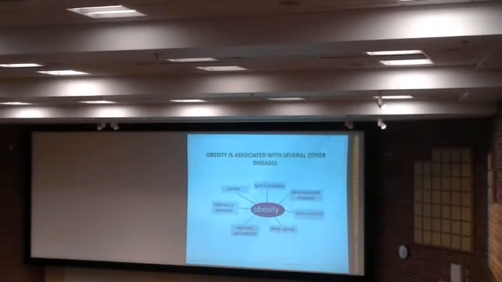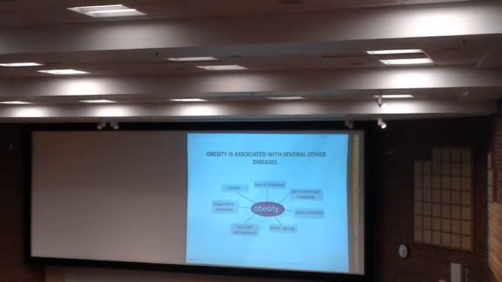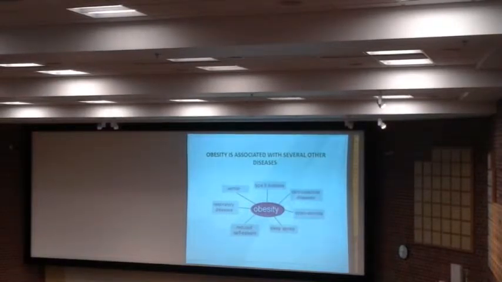Many, but we do not necessarily have the evidence to show it. Associated with means when one increases, the other increases. But it does not necessarily say that an increase in obesity is going to cause an increase in all these other diseases. There are many other consequences of being obese.